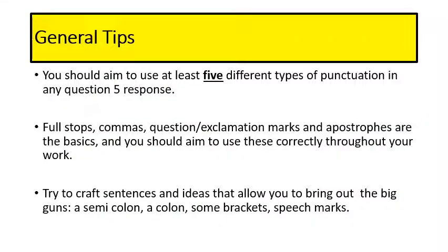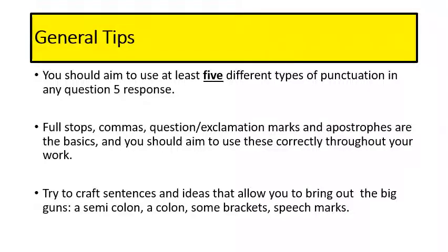So finally, these are just general tips for any piece of writing that you produce, really. It's kind of considered by English teachers and people who mark English exams that 5 different types of punctuation used effectively and used regularly in a piece of writing would be enough to show that you've got control over a range of punctuation. That includes full stops and commas and apostrophes and things like that, but you should also think about a few extra ones on top of that to show sophisticated use of punctuation.